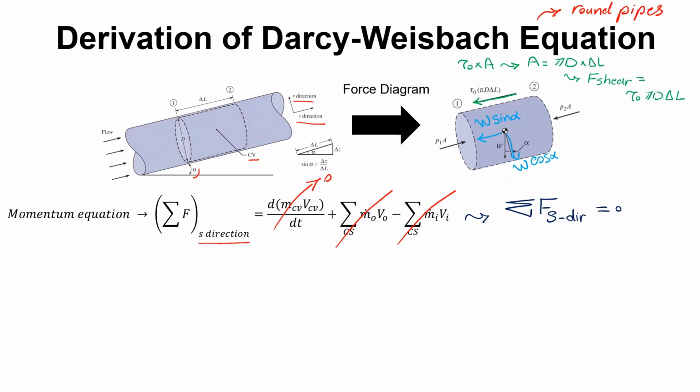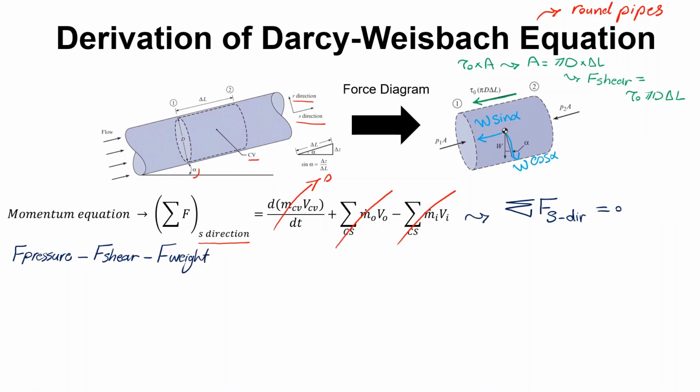So let's write down all the forces that are acting on this control volume. The first type of force, as I told you, is pressure force, so F pressure. The other type of force would be force as a result of shear stress, and because the direction of shear stress force is opposite direction of positive S direction, I'm going to include a negative sign, F shear, and then minus F weight.